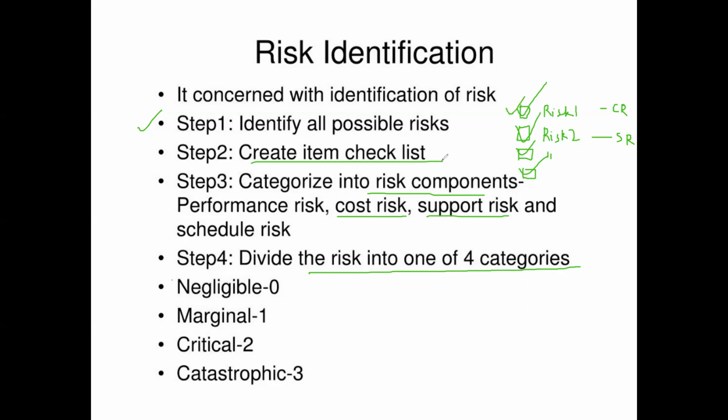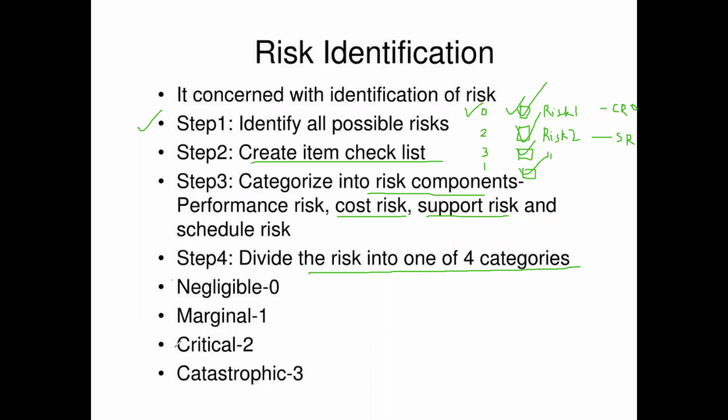Generally the first risk does not affect so much, that's why I have given 0 here. So I should give it like this: 0, this is 2, this is 3, this is again 1. That means 0 is very negligible, this risk does not affect your system.